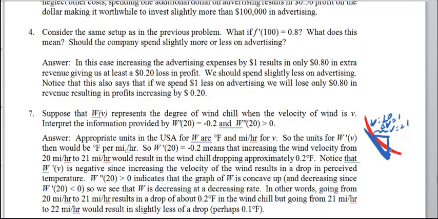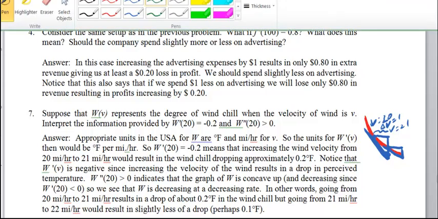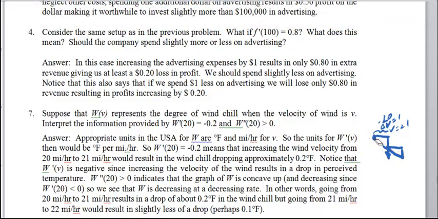Now, if we start here and go over, notice that the slope is less, so we're going to drop less for the next time. So going from 20 to 21 miles an hour drops about 0.2 degrees Fahrenheit in wind chill, but going from 21 to 22 would be slightly less of a drop, maybe 0.1 or something a little less than the 0.2.